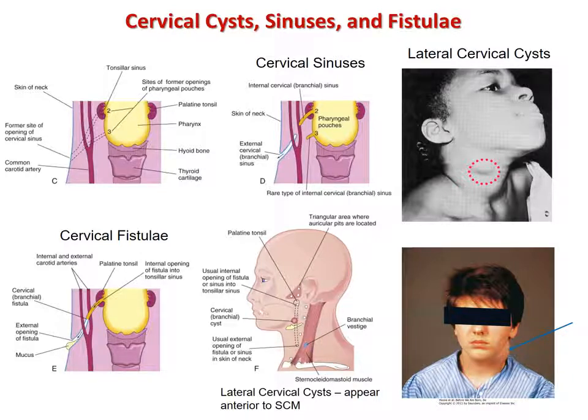A fistula is an abnormal passage from one epithelial surface to another epithelial surface. Here, mucus secretions may be discharged onto the skin surface.